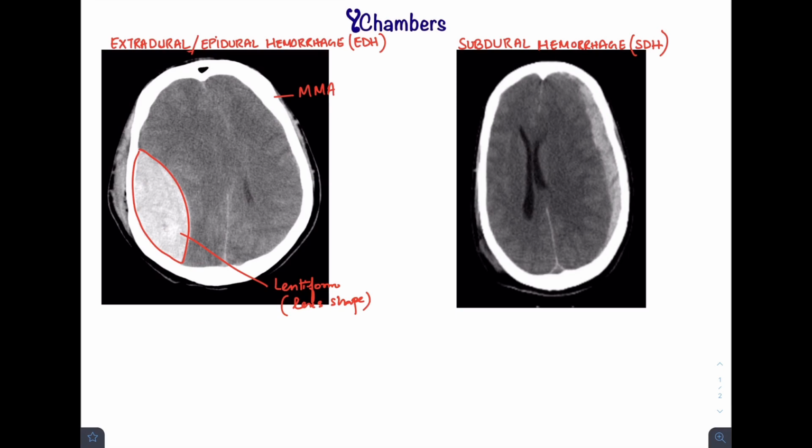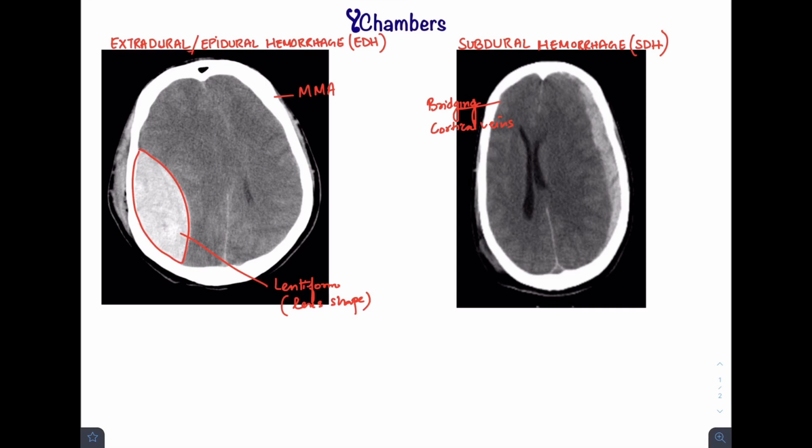Whereas in subdural hemorrhage, the origin of the bleed is the bridging cortical veins. So in case of subdural hemorrhage, we see bridging cortical vein hemorrhage.